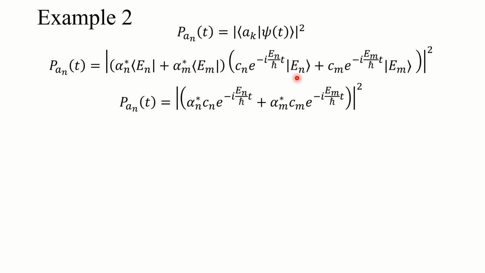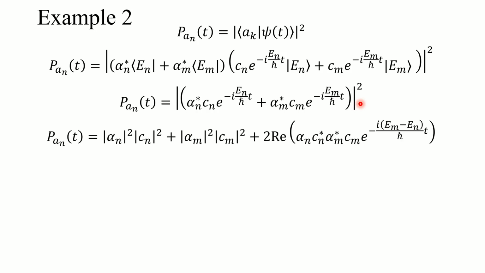Likewise, E_m and E_n are orthogonal, so they're 0. E_m and E_m are normal, so the inner product of those is 1, and the alpha m complex conjugate and the C_m e to the i phase factor come through, and we're left with this as the probability of measuring the A_k eigenvalue.